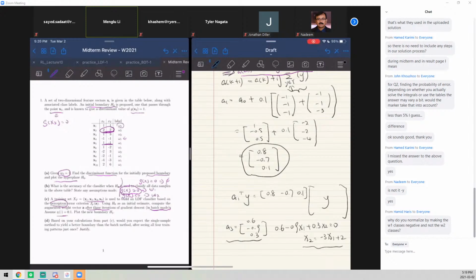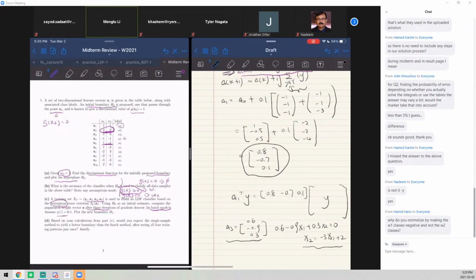Part D, based on your calculation from part C, will you expect the single sample method to yield a better boundary than a batch method after seeing all 3 training patterns just once? Actually, the question asks whether the single sample method is better than the batch, or the batch is better than the single sample.